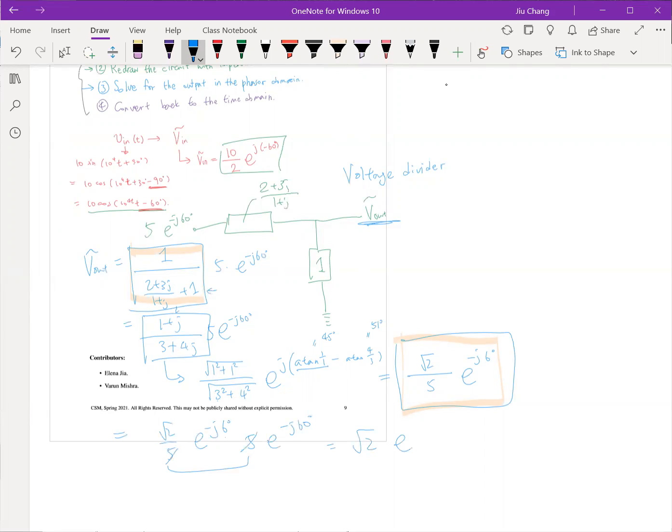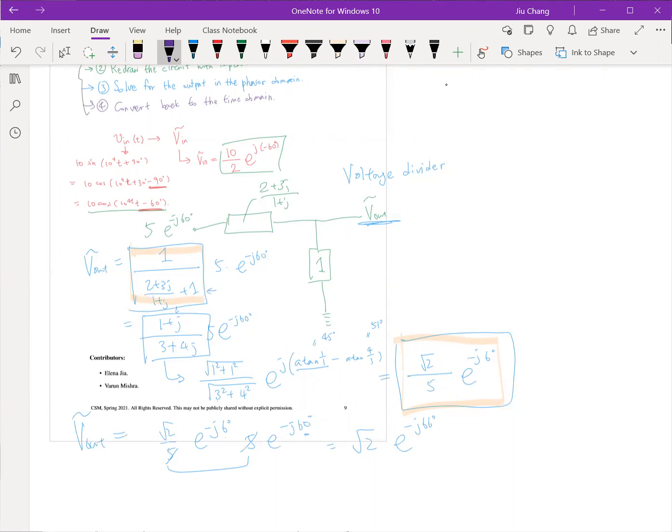And we add the phases. So that's -j 66 degrees. So finally, that would be our phasor of voltage output. Okay, so we're now done with step 3 here, and I will do step 4 as a finale.